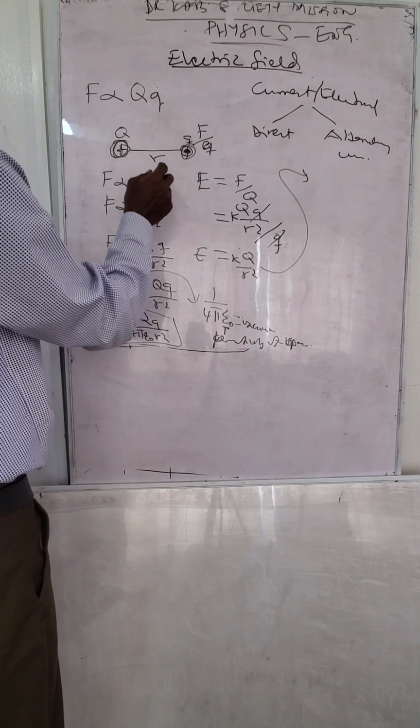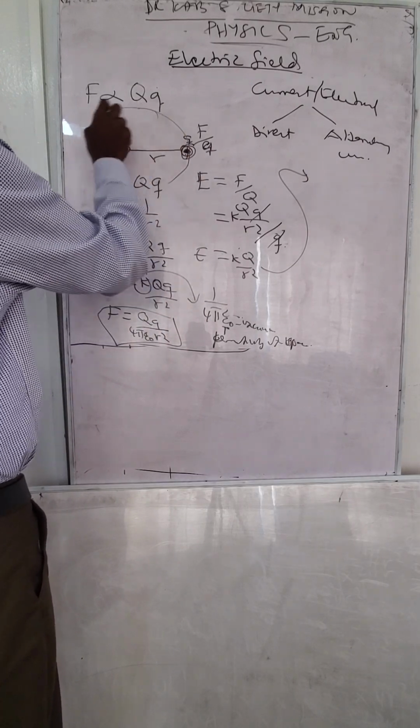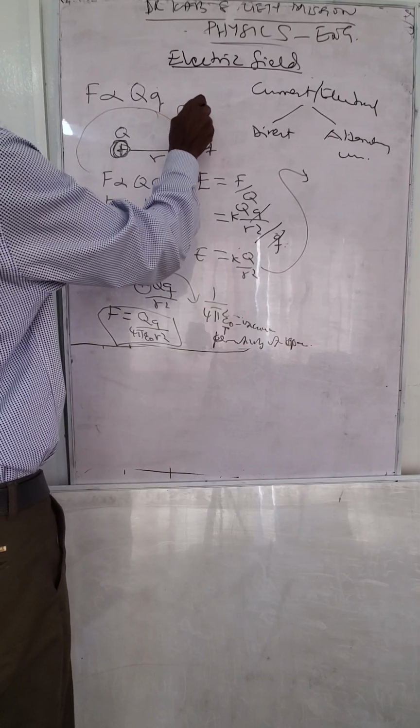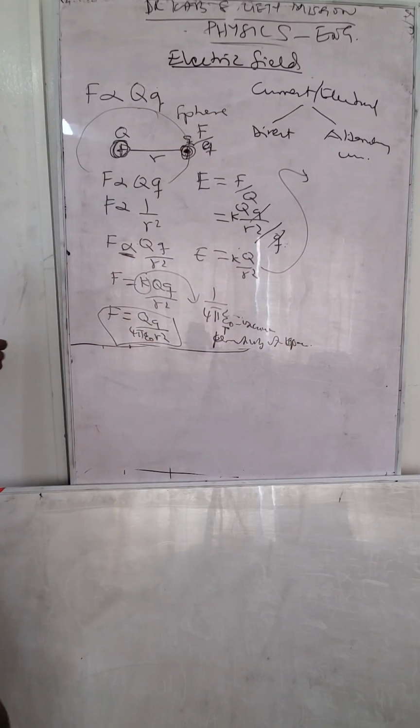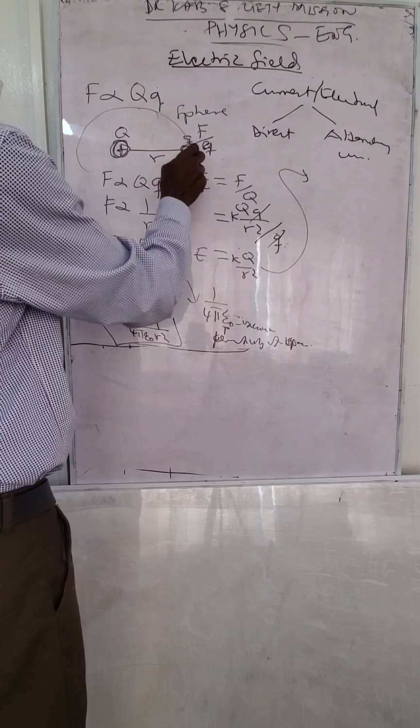Now, if it is a surface, a sphere, the surface area is 4 pi R squared. Now, this is E here.